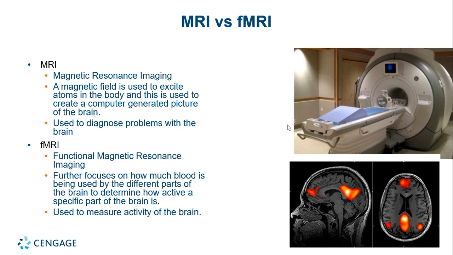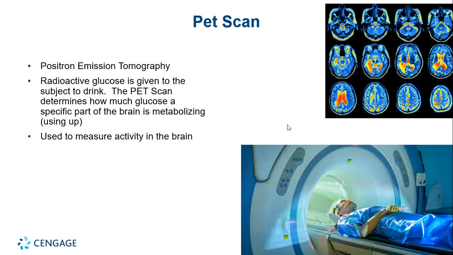But if what they want to know is how are you using your brain, well, now an fMRI tells me which part of my brain I'm using, which part of my brain am I using more or less, because now I know how much oxygen is being metabolized by the different parts of the brain. And sure enough, if one part of your brain is metabolizing more oxygen, that must mean that you're using that part of your brain more.